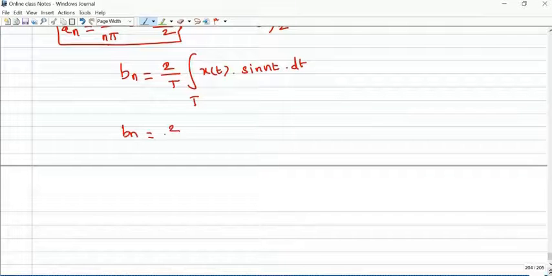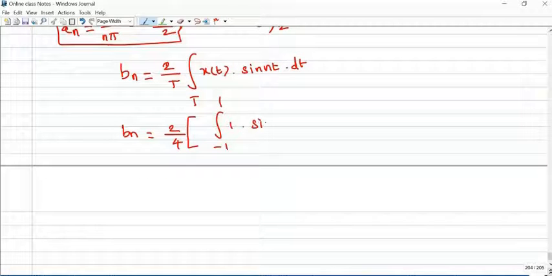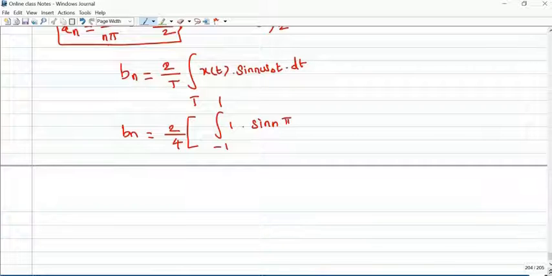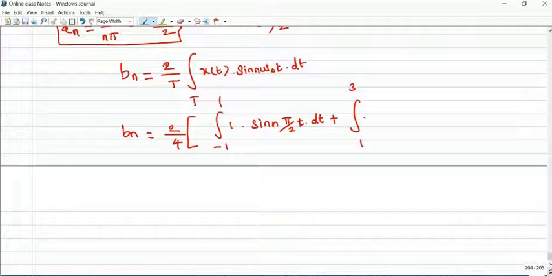So in this example, 2 divided by 4, integrate minus 1 to 1 x of t sin n omega naught t. Here omega naught value is pi by 2, plus integration 1 to 3 x of t is minus 1.